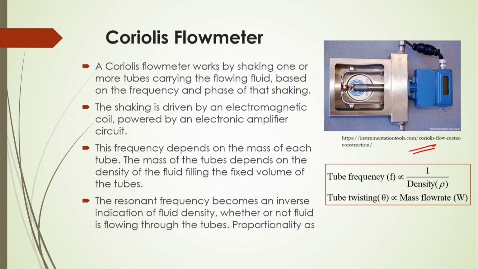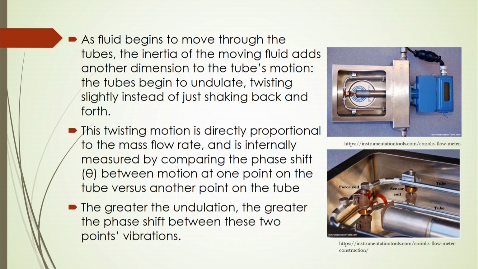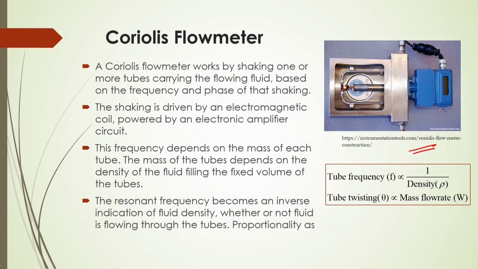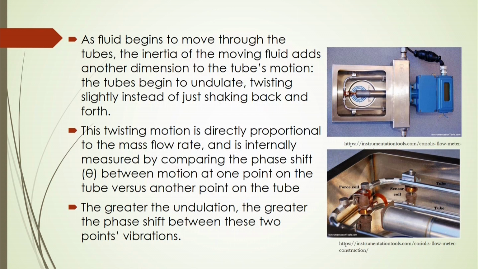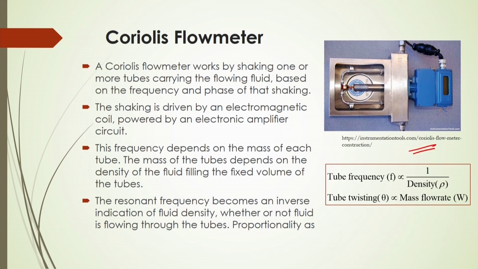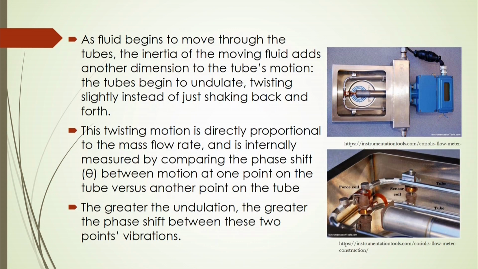That will give you the tube frequency. Once you know the tube frequency, how will you then calculate the mass flow rate? That frequency comes from the electromagnetic coil powered by the electronic amplifier circuit.